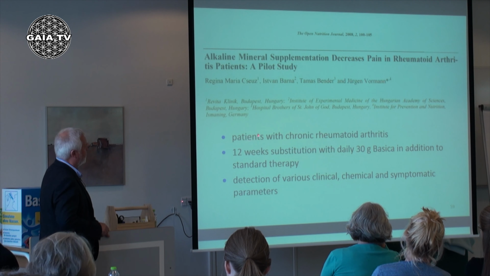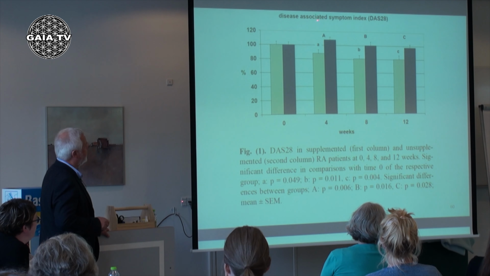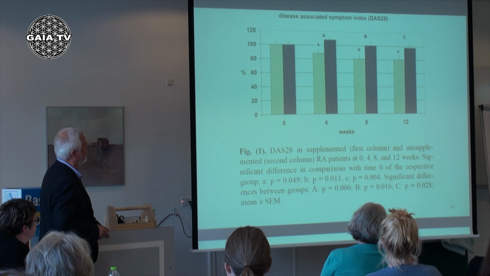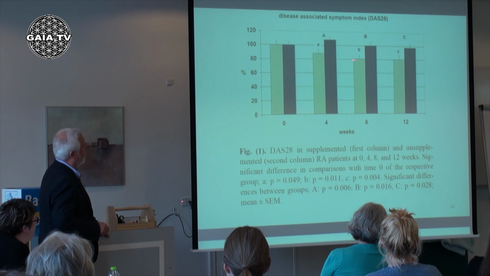And they were 12 weeks supplemented with Basica in addition to standard therapy. And then several things were determined. As you see, first the disease-associated symptom index, and this shows that compared to the control group, the Basica group has a significant improvement.